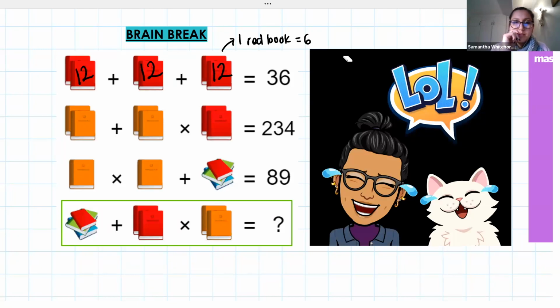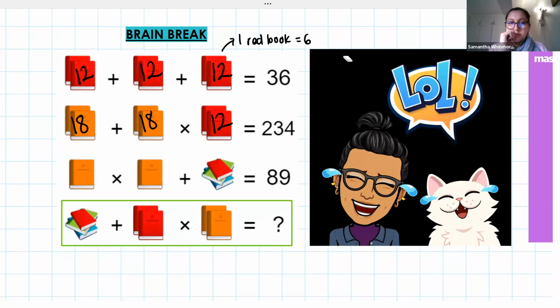And then for the orange books, I saw that there was a red book. So I said 234 divided by 12, which gave me 19.5. So I knew the orange books could not be 19. So I minused 1 and then I made the orange books 18 plus 18, which would then give me 36.